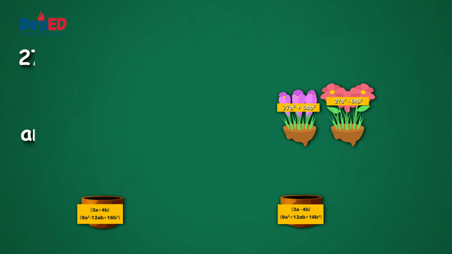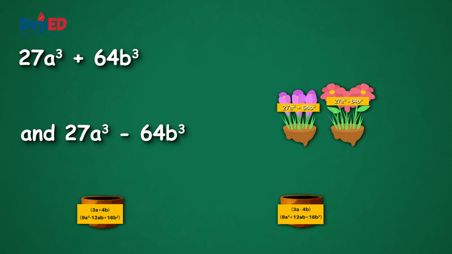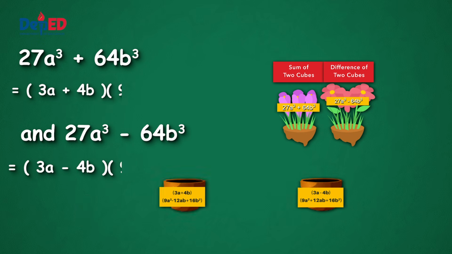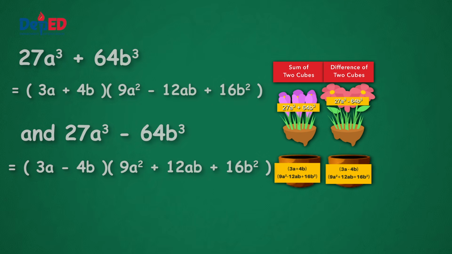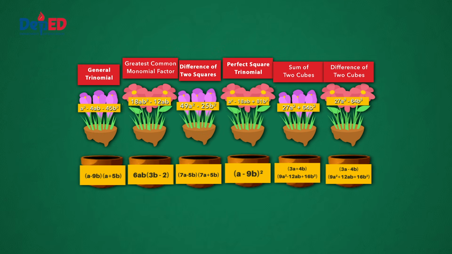How about the last two polynomials? These are the sum of two cubes and the difference of two cubes. And the signs of their factors depend on the operation they used in the special product. These are the polynomials we had factored in the past few lessons. And that would come in handy as we solve some examples of problem solving.